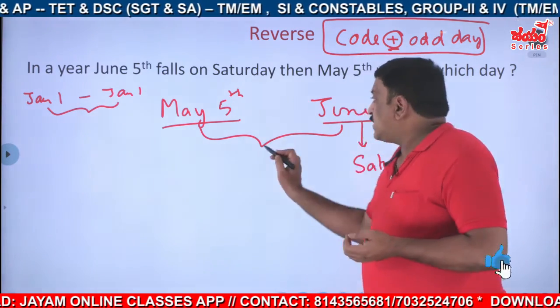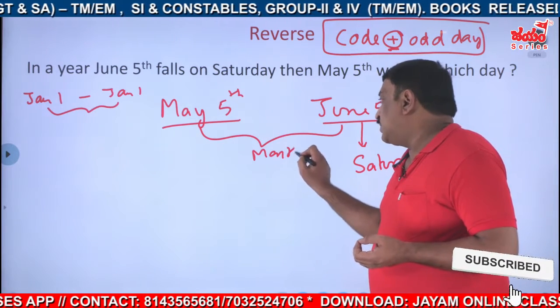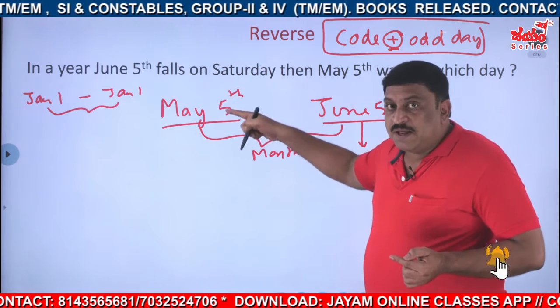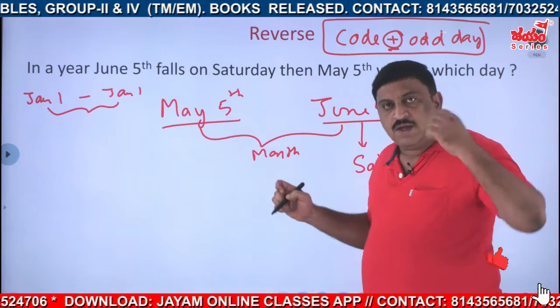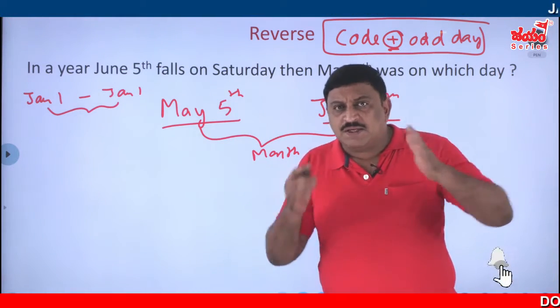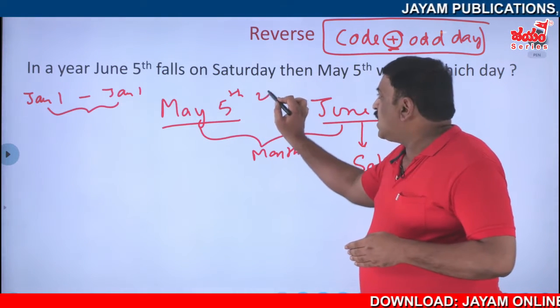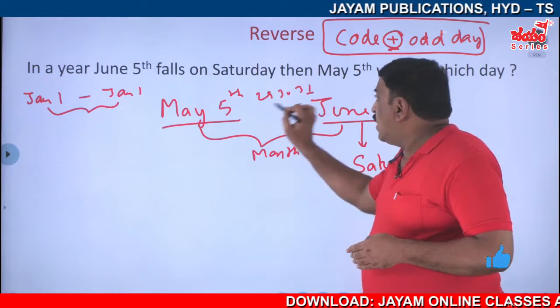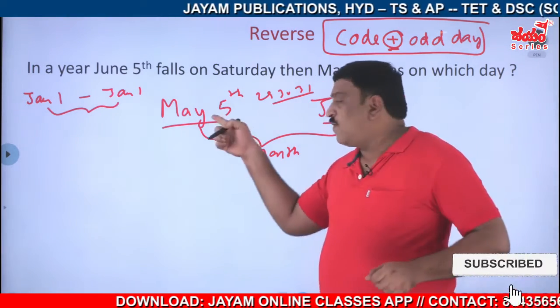So, if you take this one as a month, how many days are there in that month? See, the previous month is considered as the full month. In May, how many days will be there? Because while counting 5, 6, 7, 8, 9, up to 29, 30, 31 will be counted. Which month is this? That is May.